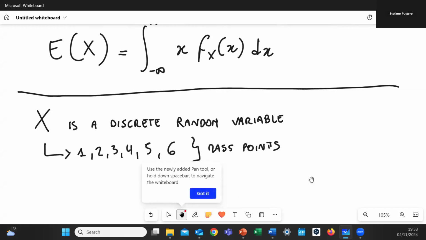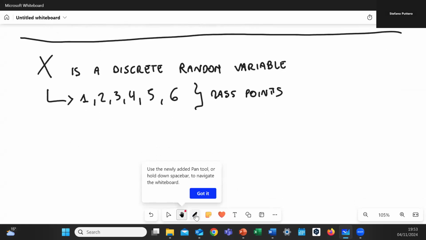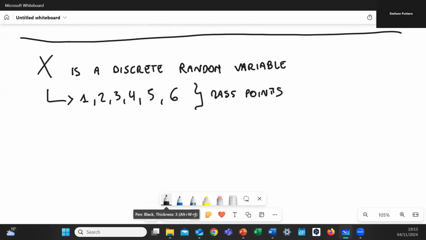Now to calculate the expected value, we have to define the probability, so the mass distribution function, of each of these mass points. So we have to calculate the probability.